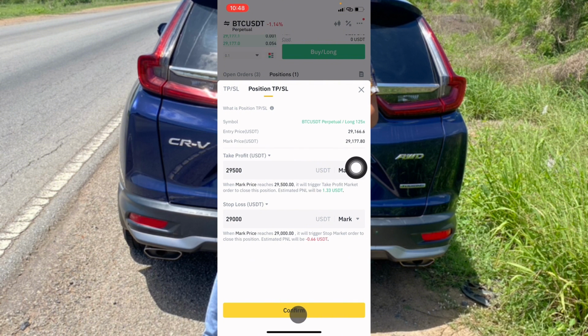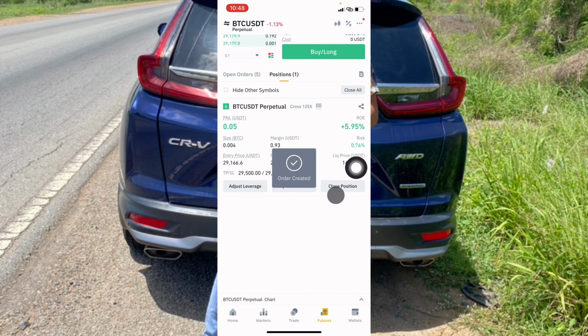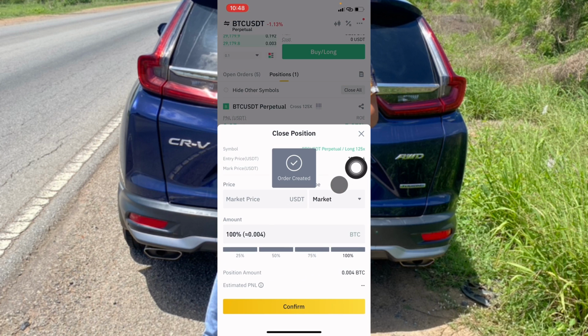So you can just click on confirm here. Now you know how much you are going to make on a trade just by selecting the TPs, if you are in my private mentorship group. The next thing is close position. If I click on close position here, I have the amount, so I can decide to close 25%, 50%, 75% or 100%.